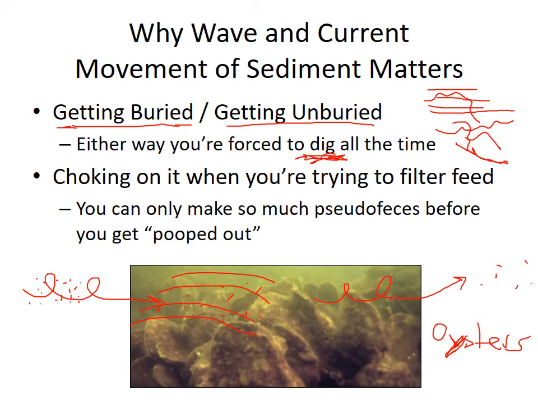their way of feeding is sort of filtering particles out of the water, and they have some abilities on the microscopic scale in their gills to pick out the edible particles from the inedible particles, but it's difficult and it takes a lot of energy.